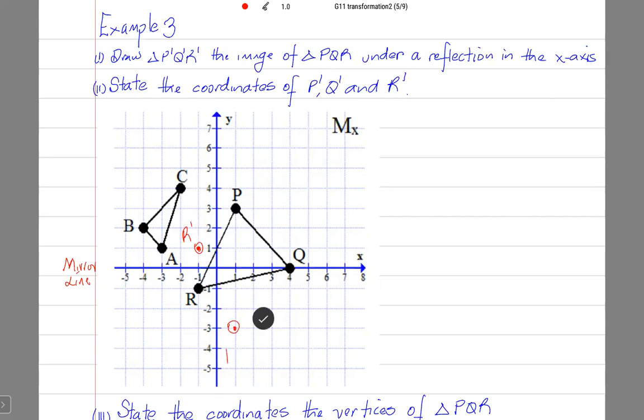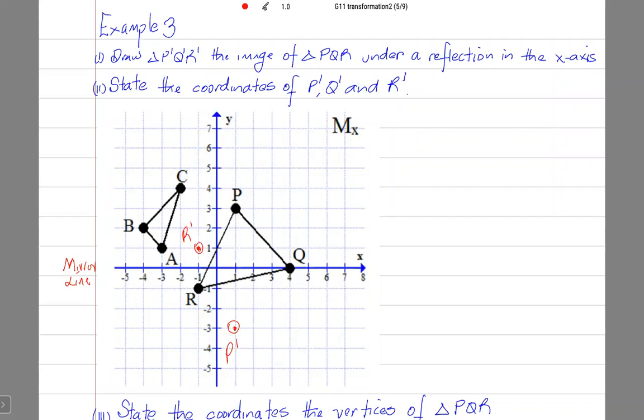Everybody should remember, and if you don't, let me remind you, in a reflection, a point that is on the mirror line is invariant. It means that that point does not move. You'll notice that Q is on the mirror line. So in a reflection, Q will not move.